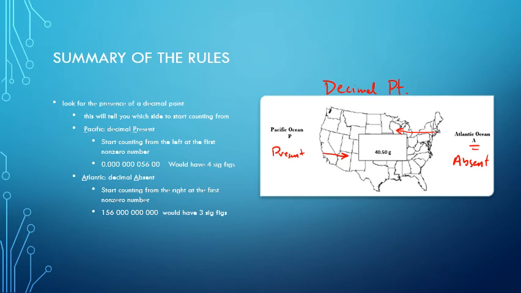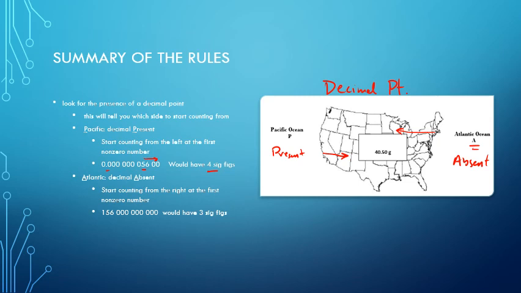So as I start on my left side, I have my decimal point showing. I come down here, the 5 is my first non-zero number, so now I'm going to count all the digits going to the right of the 5. So I'd have the 5, 6, and the 2 zeros, which will give me a total of 4 significant digits.